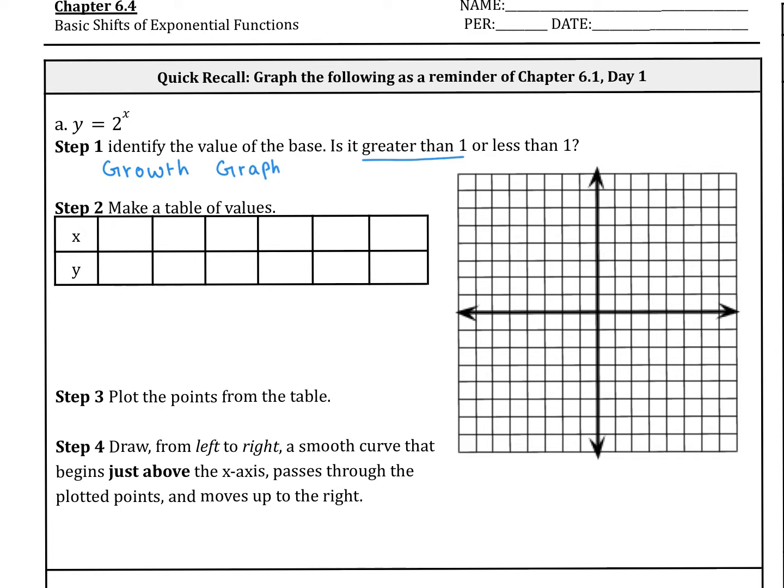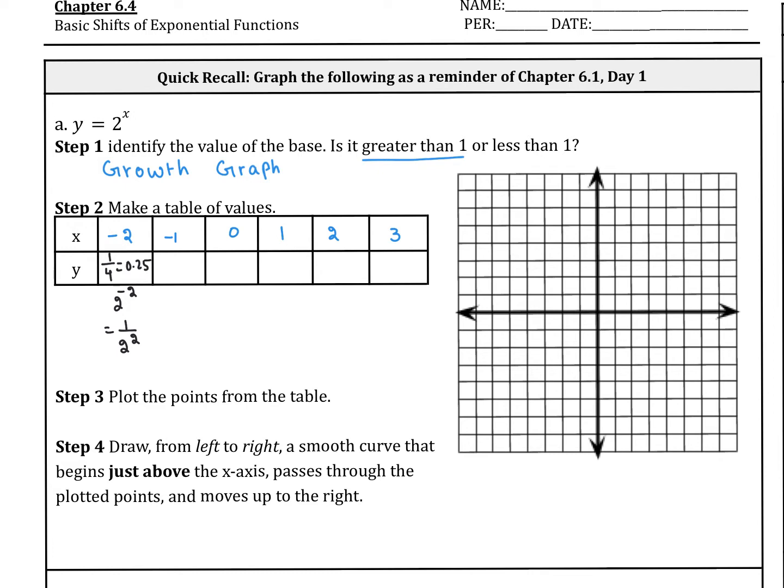For the table values, we are going to write -2, -1, 0, 1, 2, and 3. And we are going to plug it into the equation. 2 to the power -2 is 1 over 2 to the power 2, and that's 1 over 4, or 0.25.